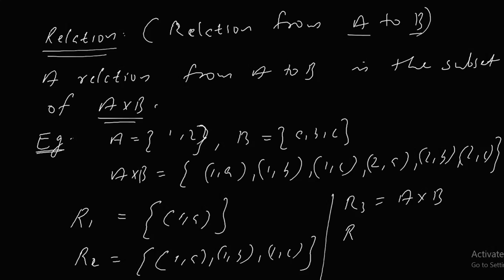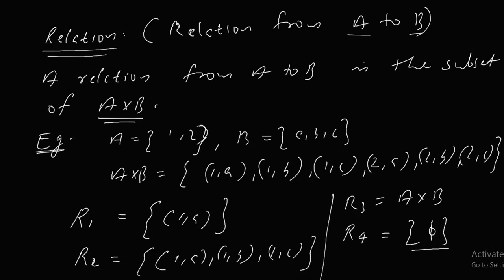I'll show you one more, the null set. The null set is always a subset of any set, so as per the definition, it becomes a relation from A to B. So you can choose any subset of A cross B, and that becomes a relation.